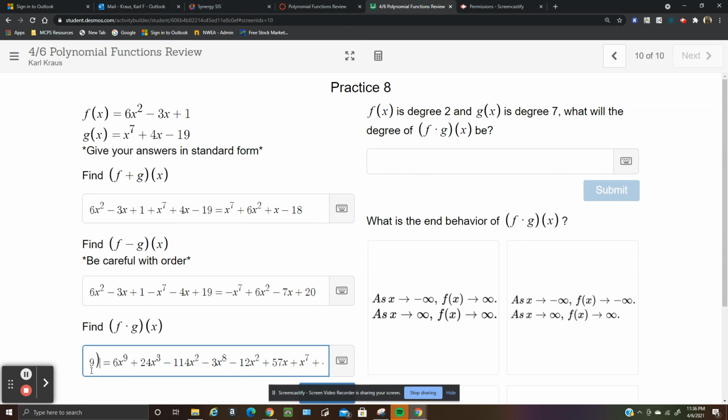And that's it. I don't think there's any x to the 6th there, 5, 4, no. 3, yep. 24x cubed.